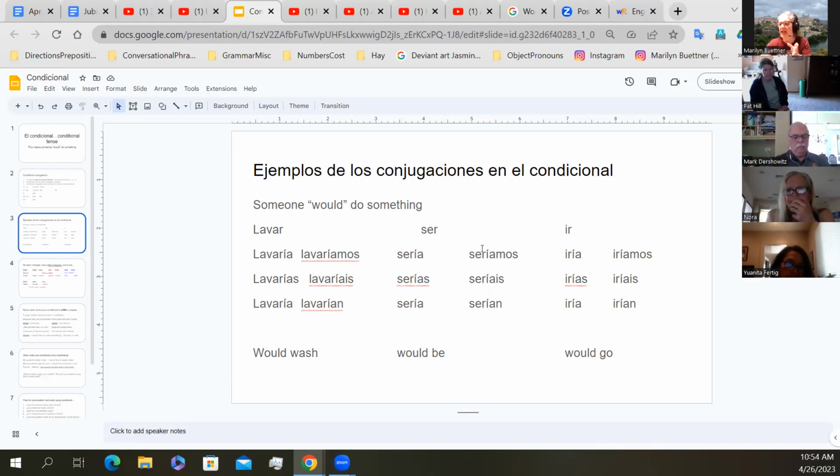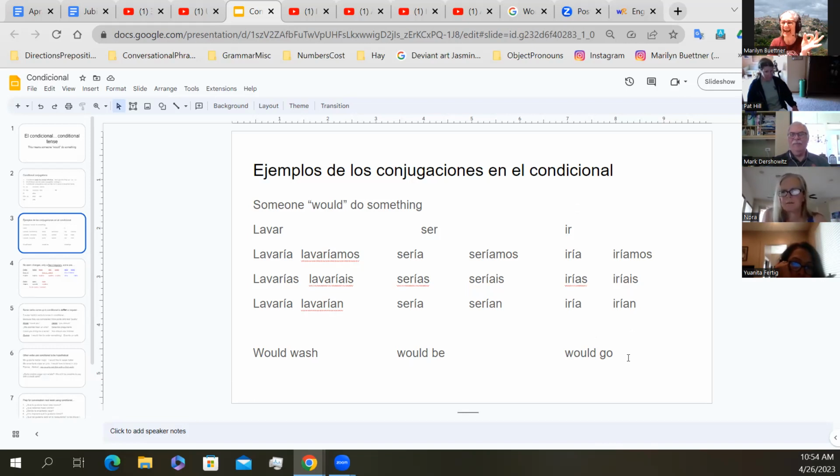Okay. AR, ER, IR, they all use these same endings. Would wash, lavaría. Would be, sería. Would go, iría. That's not bad. But once you get a word like trabajar, trabajaría is a long word to pronounce.